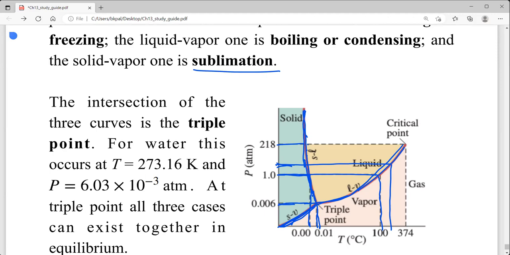At this point, all three lines meet. That means at this point all three phases, the solid, liquid and gas, can stay together, and it is called the triple point. For water, the triple point is at a temperature of 273 Kelvin and a pressure of 6.03 times 10 to the power minus 3 atmospheric pressure.